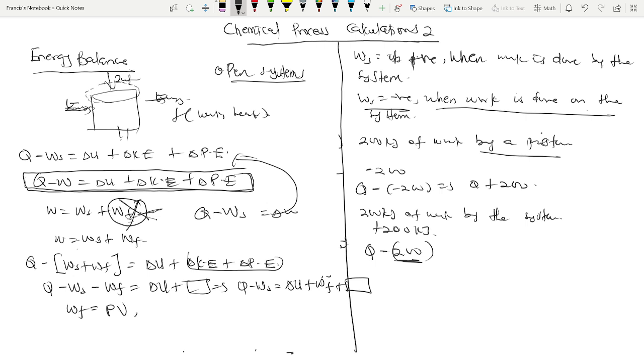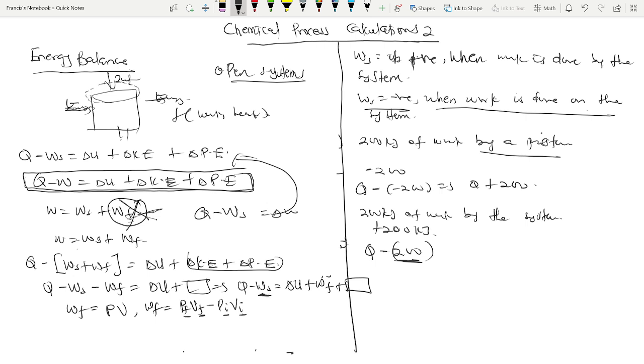Now when you want our change in flow work, because the flow work is as a result of material input and material output, the actual magnitude of the flow work now becomes PFVF minus PIVI. So now our F here refers to final, the one leaving, then our PIVI here is the one entering.